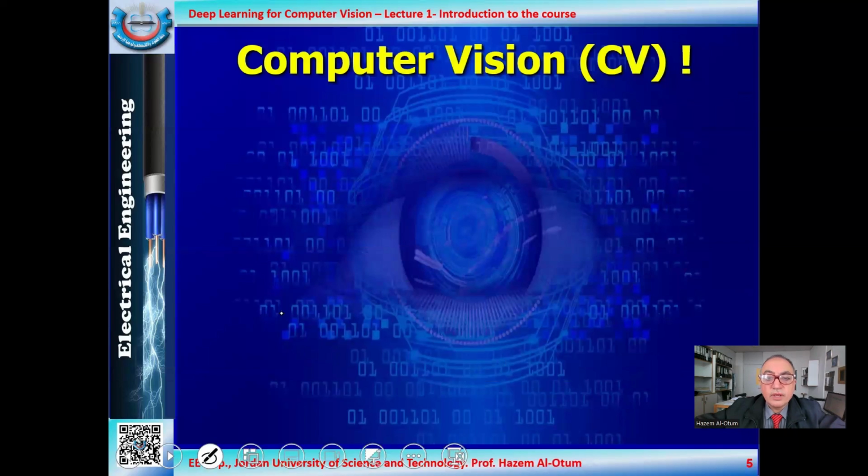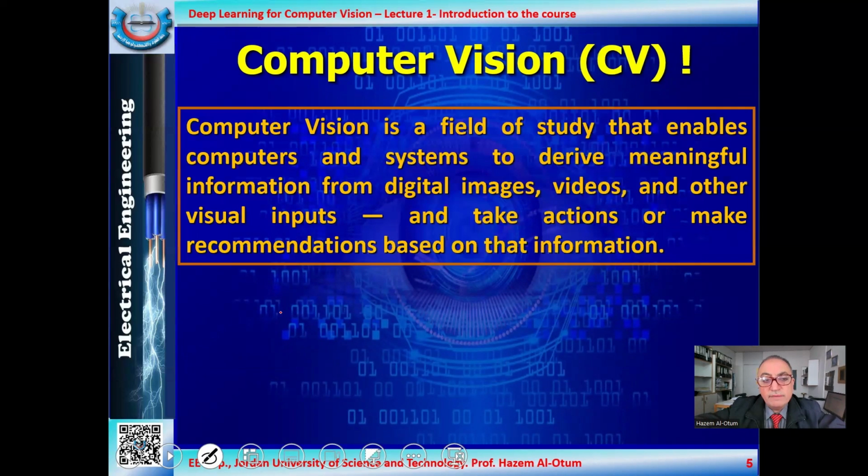Now, what is computer vision? In fact, image processing and computer vision are very related topics. However, computer vision is a specific field of study that enables computers and systems attached to them to derive meaningful information from digital images, videos, or other visual inputs.